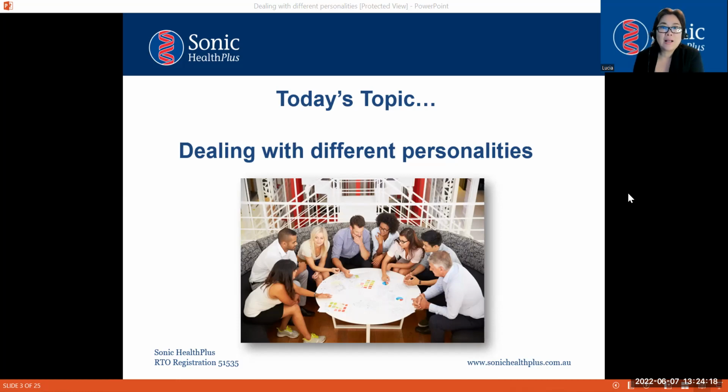Okay, so first we're going to find out what the tool is about and how it helps us identify the personalities and what these personality types are. Usually I start with letting you learn more about the personality types and give you more background on that, and then move to the communication style.